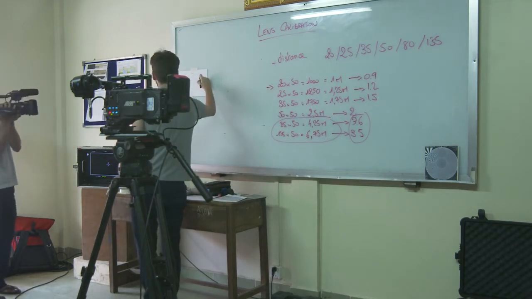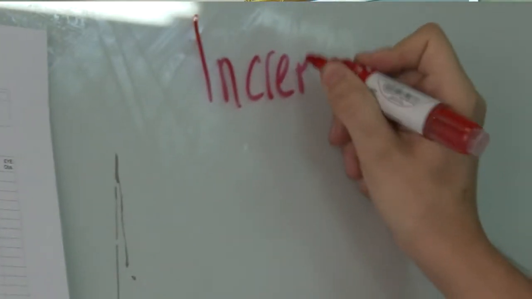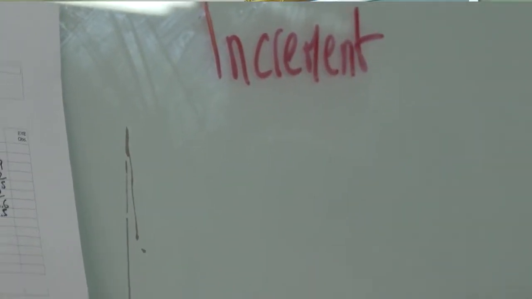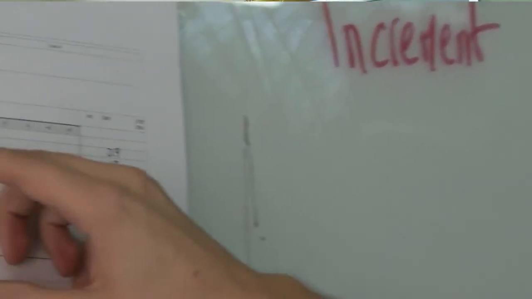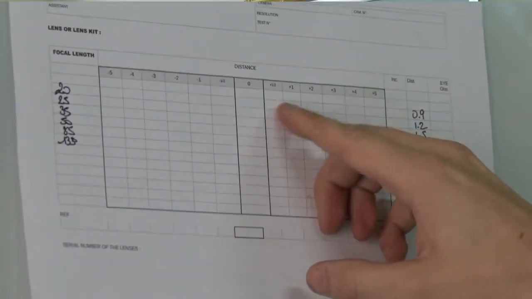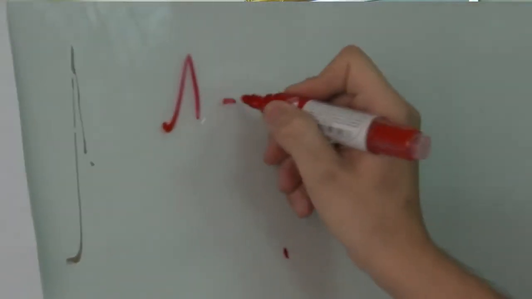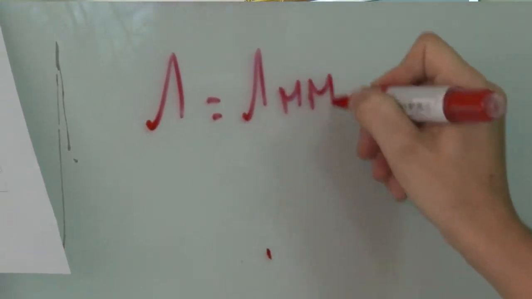Here on this document, I have a column called inc. Inc stands for increment. It's a distance in millimeters that will say that I am at plus 1.5, plus 1, plus 2, etc. If my increment is 1, it means that it is 1 millimeter.